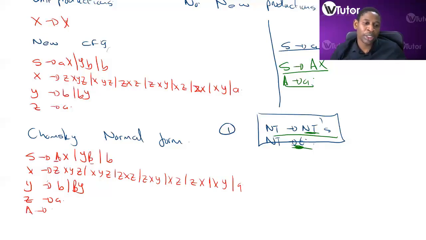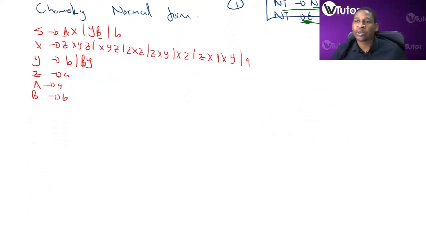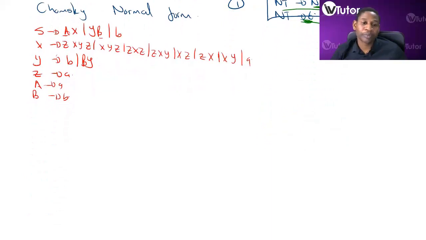So A goes to a and B goes to b. This is the new production formed when we convert it to this format. We normalize it. Then we're left with one step, putting it into actual Chomsky normal form.